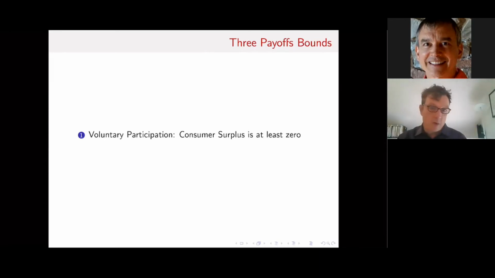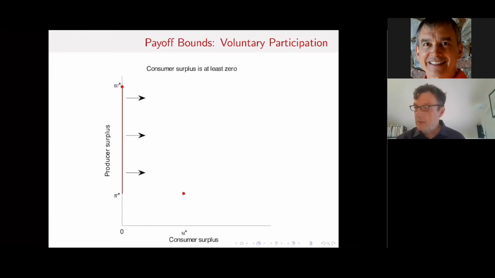The first of these 3 bounds is easy. The consumer surplus has to be at least 0, because the consumer can always refuse to accept the price, and that leaves him with his outside option, which is simply normalized to 0. So it will always have to be the case that the consumer is given a consumer surplus that is non-negative.